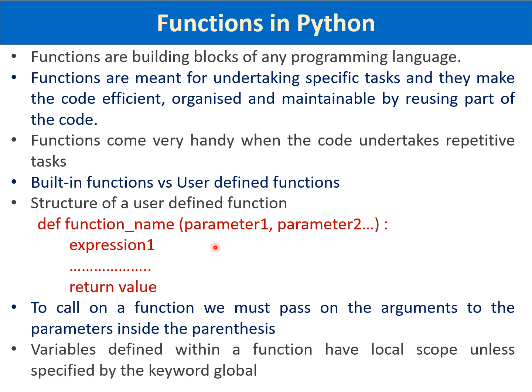So the function body will have expressions and then each function will return a value, whether there is a return statement or not. If there is a return statement, it means Python says that the function has ended here, and even if you have any more statements with the same indentation below the return statement, they will be ignored.